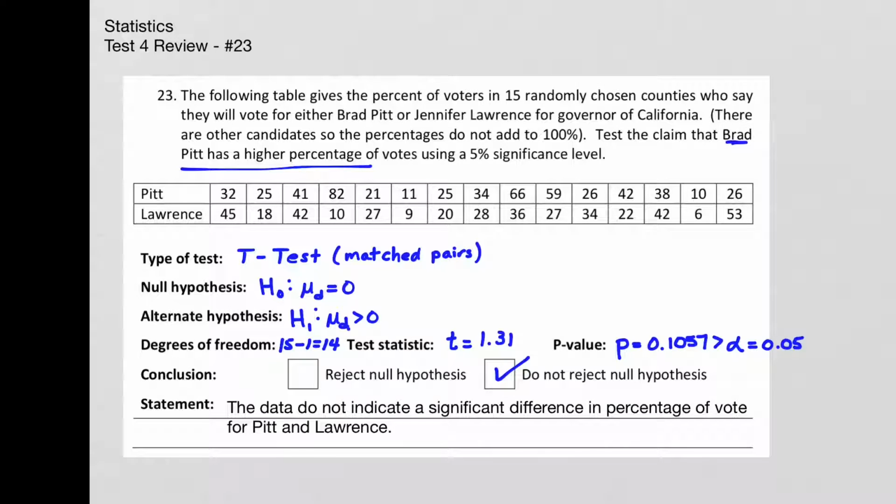You're not going to say that the percentages are the same. All we can say is that we're not seeing a significant difference based on the data in percentage of vote for Pitt and Lawrence. It's just not far enough out there to say that it's a significant difference. And so that is our final answer.